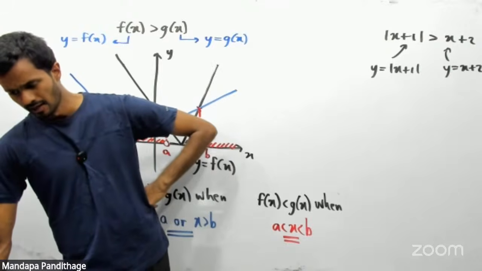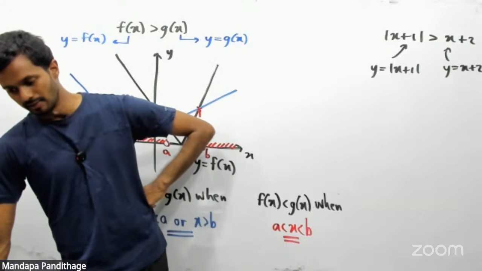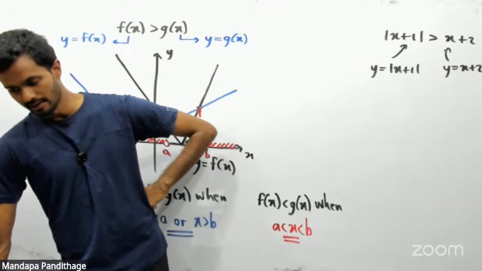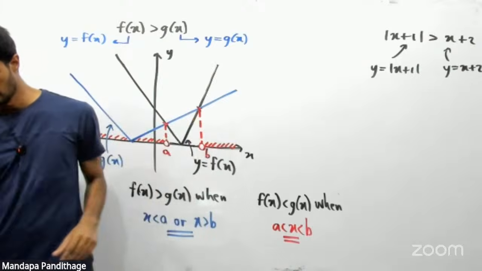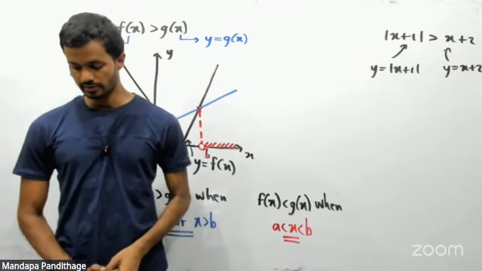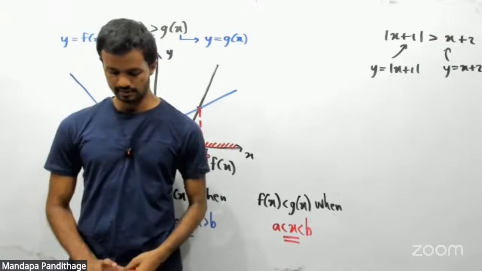No, the trigonometry part, the basic, I think I didn't delete it. I have just put it as private because we are doing trigonometry for the 2028 batch these days.